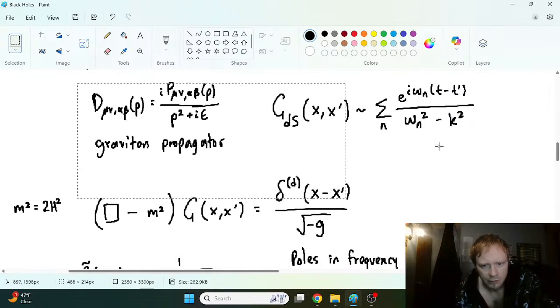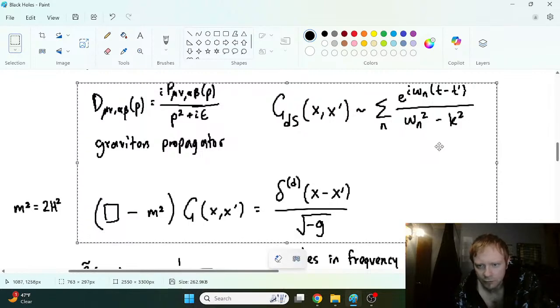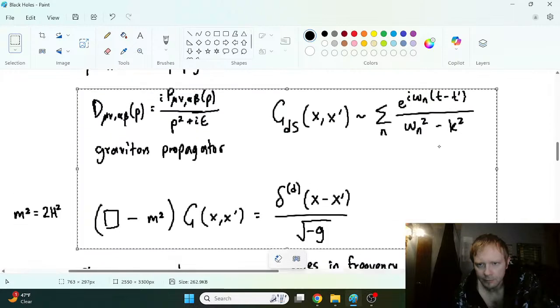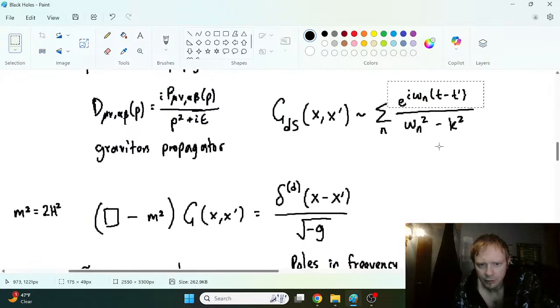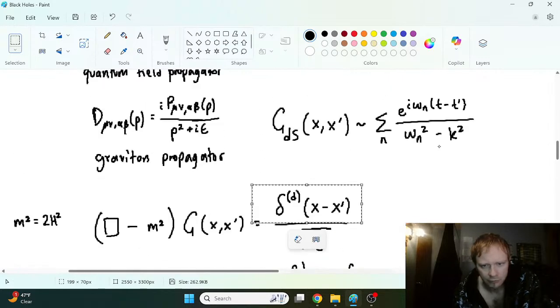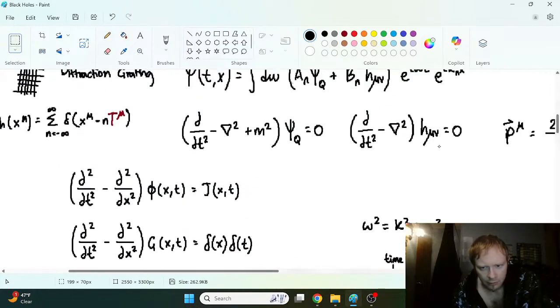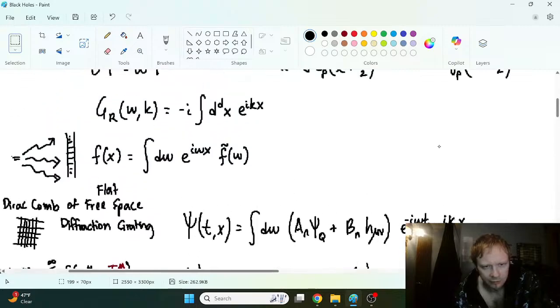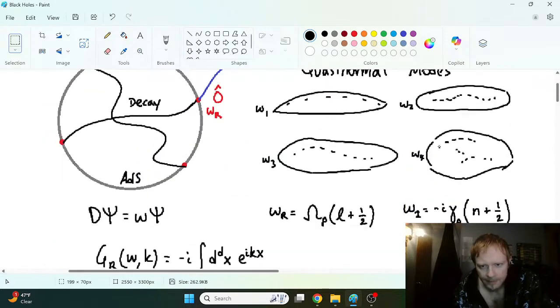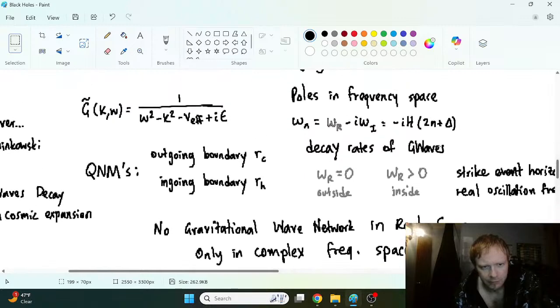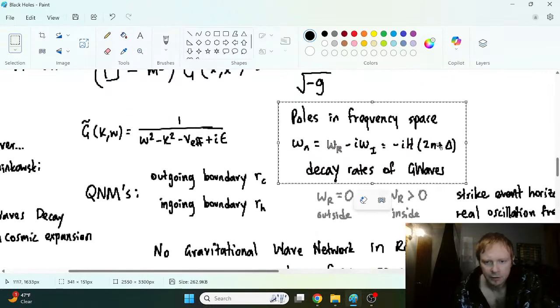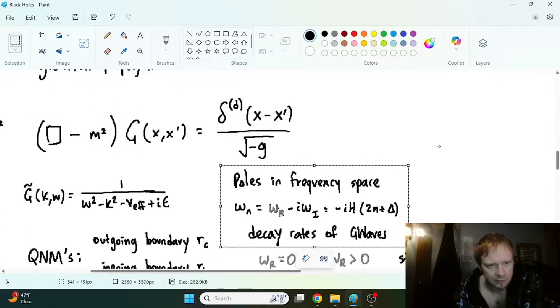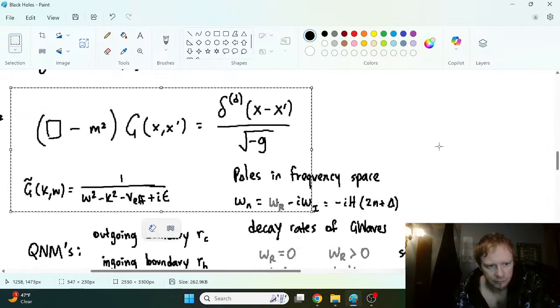As you can see, this is a combination of these equations, and we essentially get the eigenvalues for this. This is in frequency space, and this is in regular space. Sometimes it's hard to connect these because they're in all sorts of different notations, so the key is to connect the notations better together. But anyway, we define that the poles here in frequency space are specifically the gravitational waves, because that's how we define it with these equations right here.